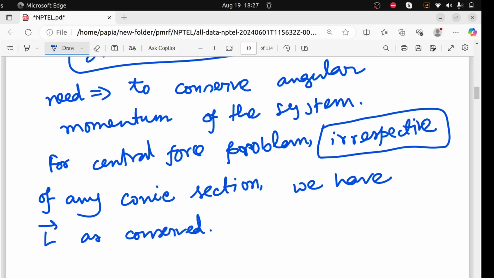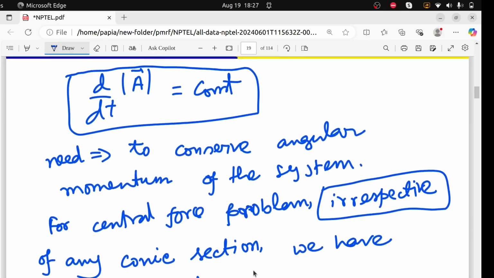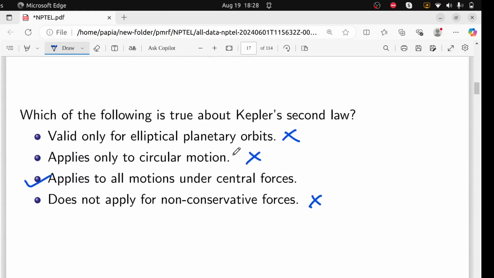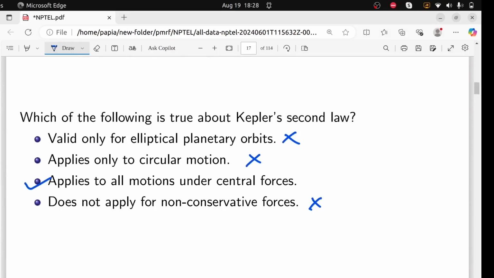We have already seen that one. So to conserve angular momentum, we need to have L constant, and for any type of central force problem, we have L as constant. So that means we just need to be a central force motion.